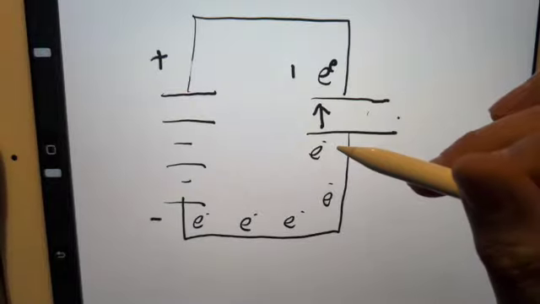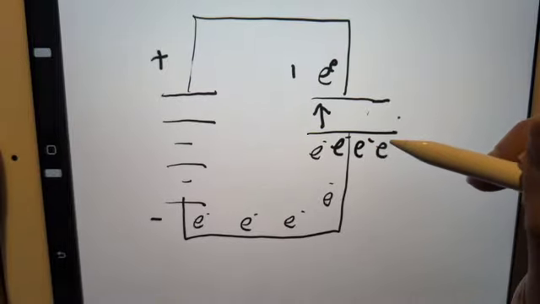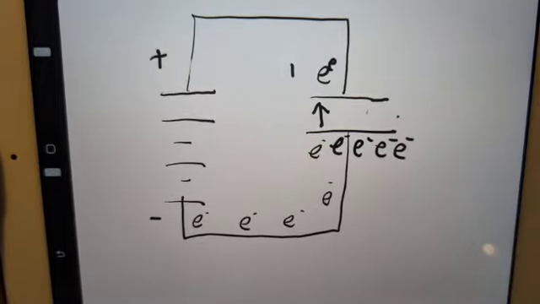So you can imagine, as time goes by, more and more electrons collect, to a certain extent, depending on the voltage being applied to the capacitor. The more voltage, the more negative charge there can be on the bottom plate.